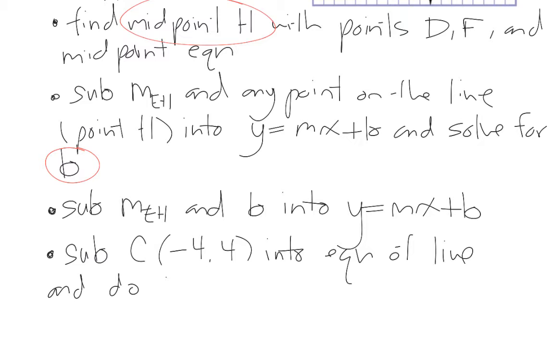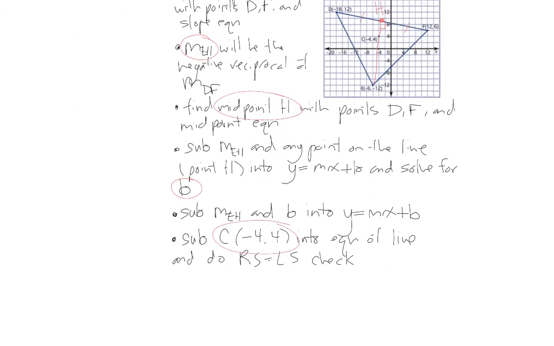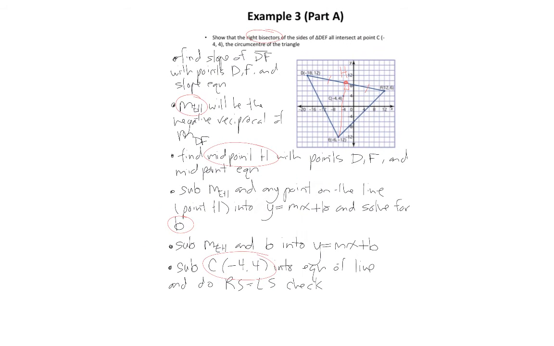And you're going to do a right side equals left side check. If it passes this check, that means this point C is located on the right bisector.